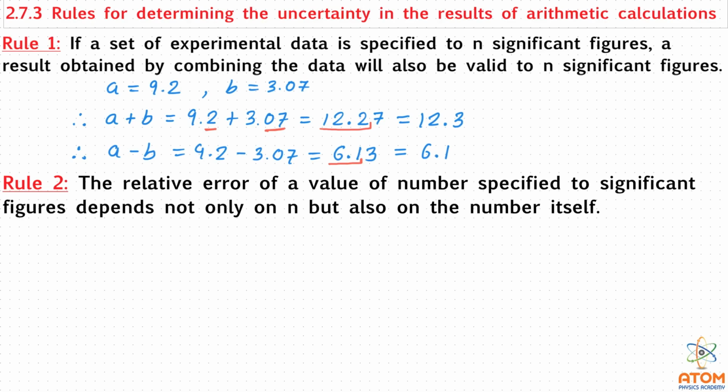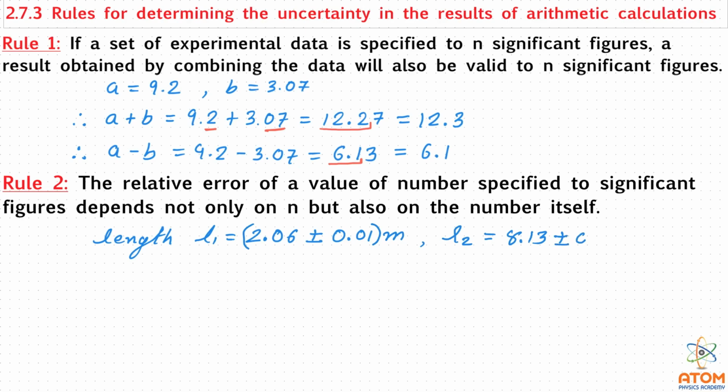Let us see. Suppose we have two lengths, length L1, for example, 2.06 plus or minus 0.01 meter, and let us say length L2 is 8.13 plus or minus 0.01 meter.